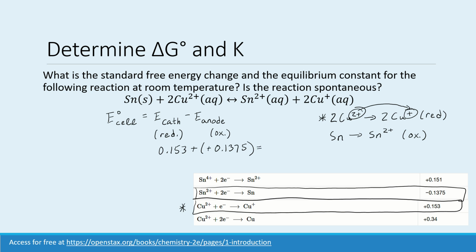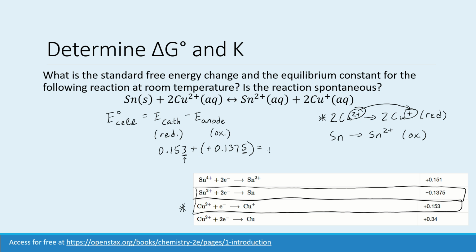We add the two values together, keeping in mind sig figs. Remember, if you're adding values, it's based on the decimal place. And so that first value goes out 3 decimal places, the second one goes out 4, and so 3 decimal places is the shortest, and so that's what we'll use.